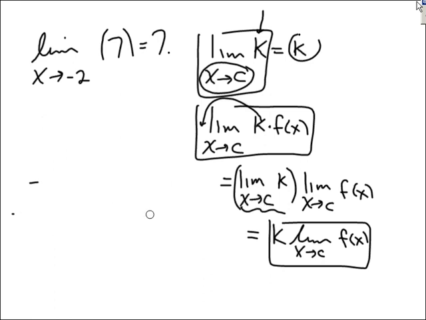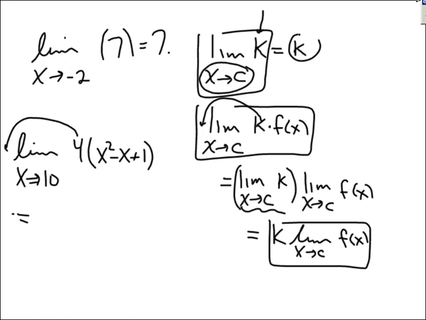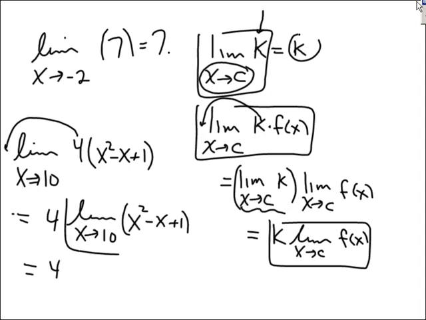And this is another rule that you should know. So if you were asked to find the limit as x approaches 10 of 4 times x squared minus x plus 1, what you can do is just take the limit as x goes to 10 of x squared minus x plus 1, and then whatever you get, multiply that by 4. Well, what is this limit?